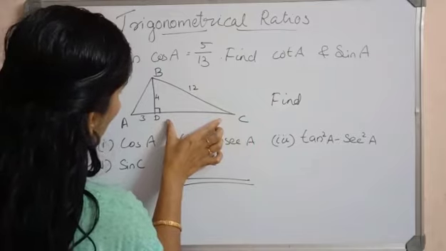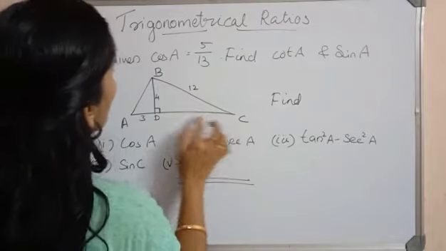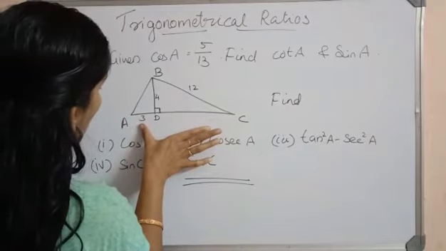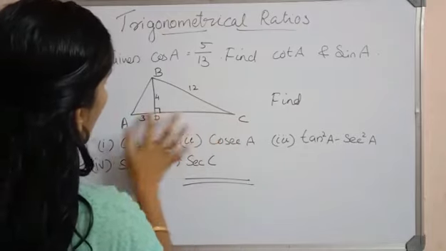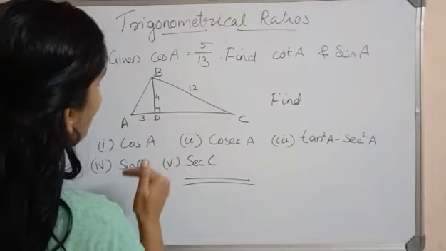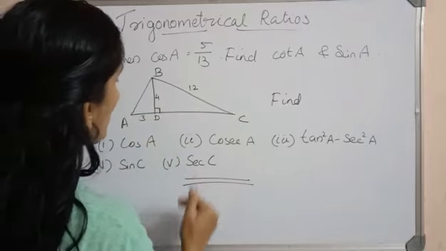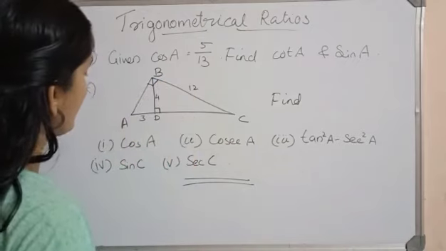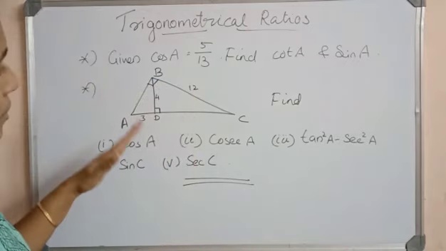So by using Pythagoras theorem, find this missing value. After finding it, you get the hypotenuse when you consider triangle ABC. Then find the given trigonometrical ratios. It's given that angle B is 90 degrees. Solve it and let me know the answer.